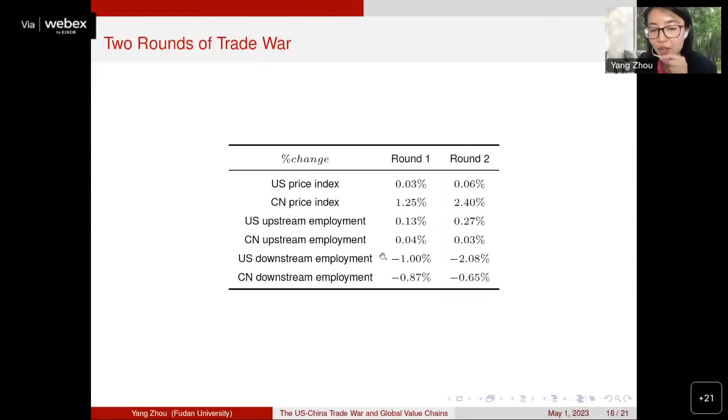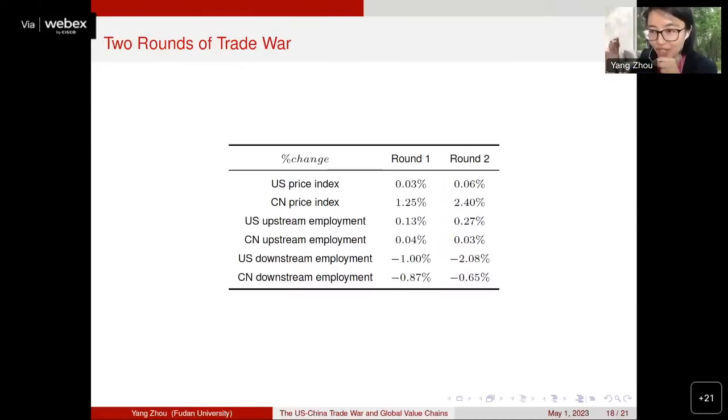Yes, the downstream employment is inconsistent with their numerical results. But as for the upstream, this also depends on how I divide the upstream and downstream in this project. When I calibrate the model, I have 3 countries, the United States, China, and the rest of the world, and 18 industries.